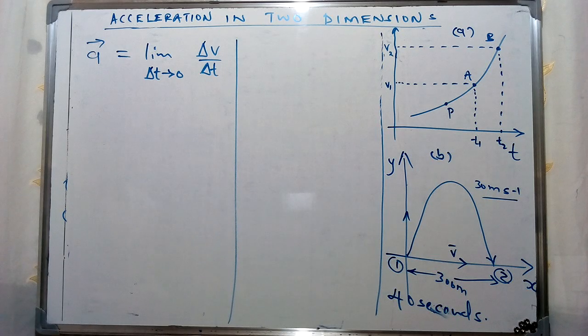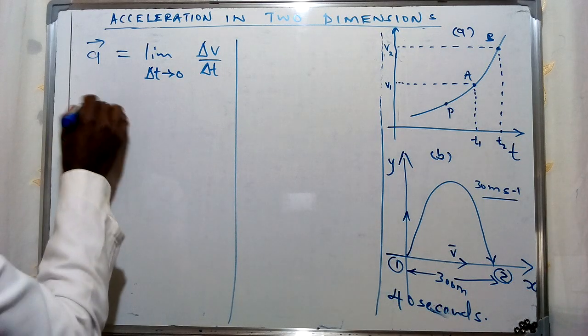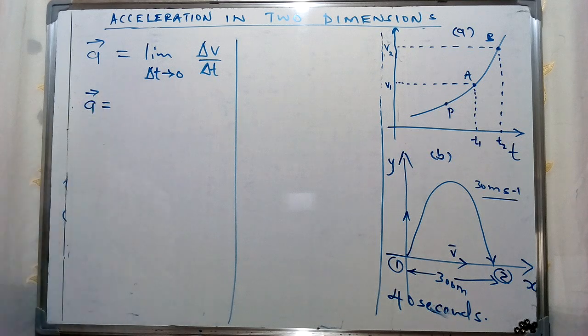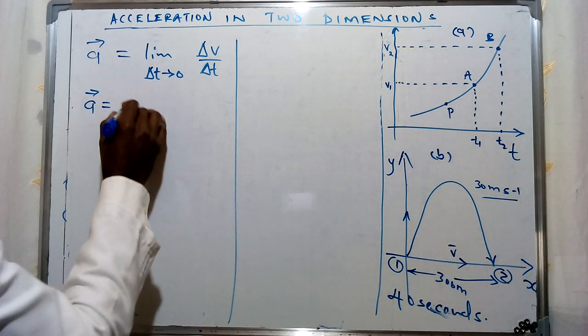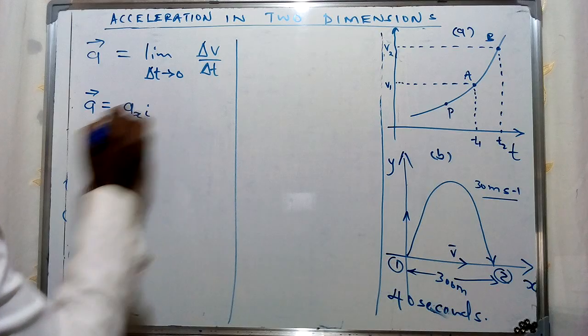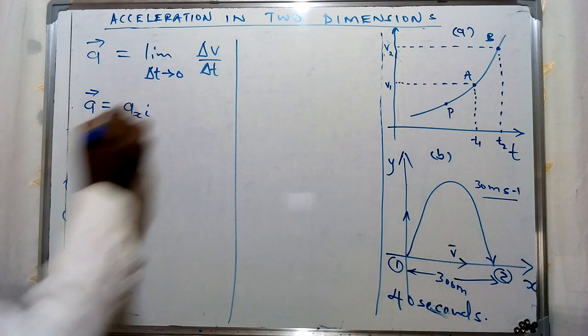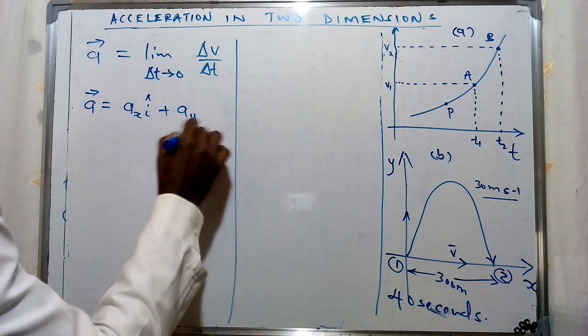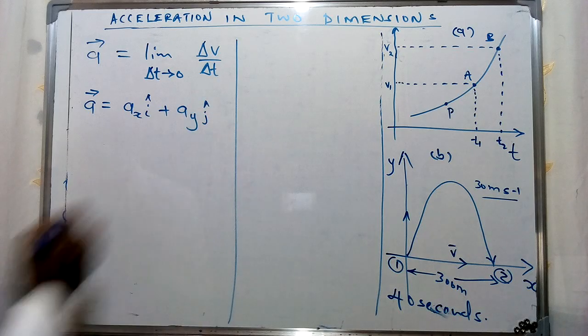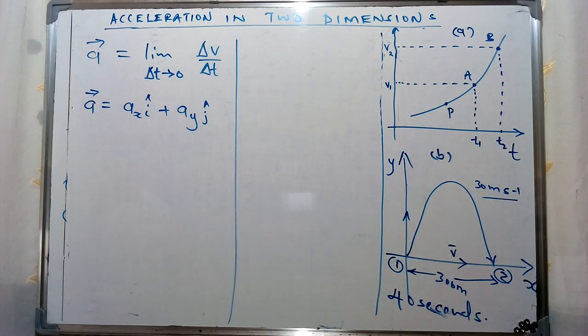And of course, we can represent this in terms of vectors: as a component of acceleration in the x direction, plus the component in the y direction. This is going to give us a general representation for this aspect of acceleration.